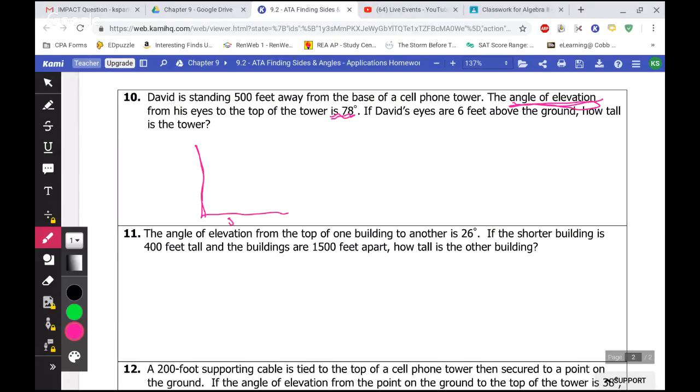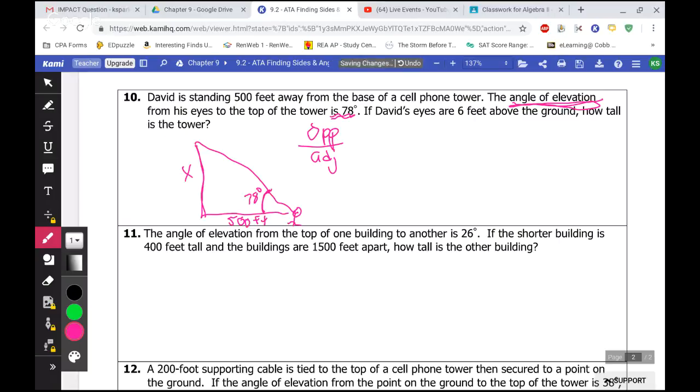I have this 500 feet, and I have my little stick man, who's David, and those are his eyes, and they're 6 feet above, but it's not really that important on this, but I drew him anyway. And that really is supposed to be a triangle with a straight line. But the angle of elevation is 78 degrees, and this is 500 feet. And what they want to know is how tall the tower is. So I've got opposite over adjacent.